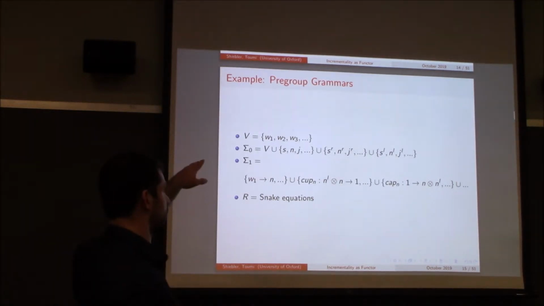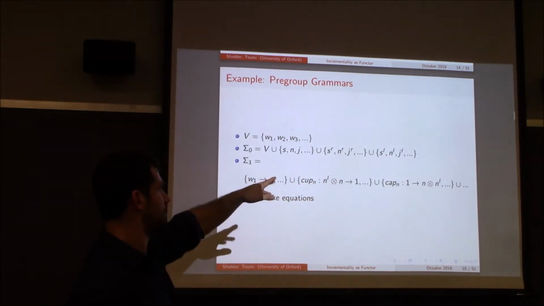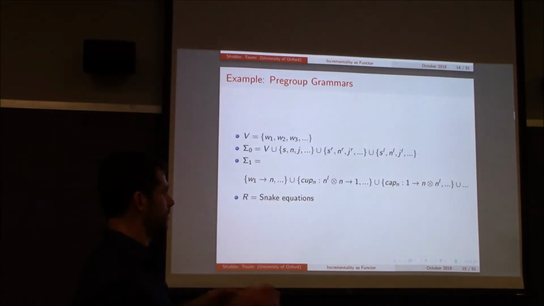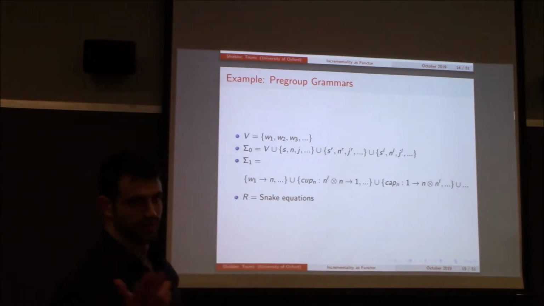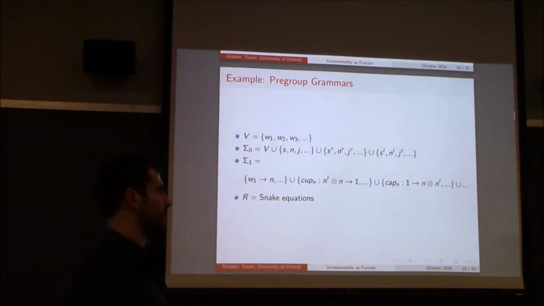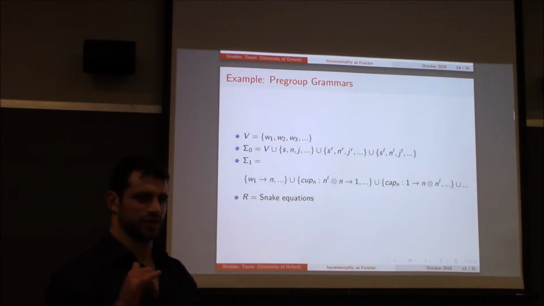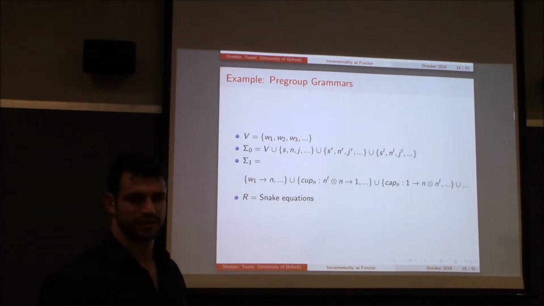We have our vocabulary being our words, our objects being our types and the adjoints, our arrows being our adjoint relations, and then our relations that we're quotienting over being the snake equations for the relationship between the associativity and such.